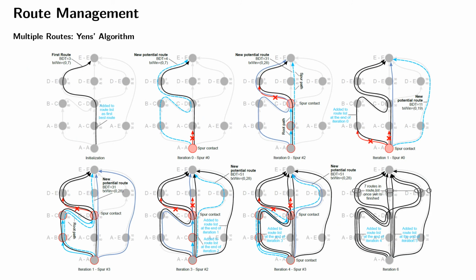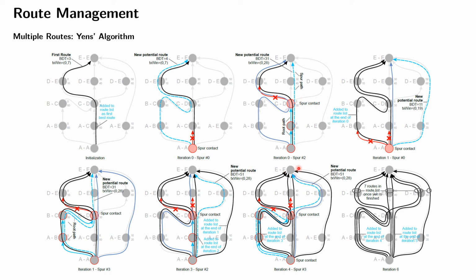This is just an example of how Yen's algorithm operates on the same example network we saw at the very beginning. We see that it first encounters a first route. This is stored as the best route on the red list, the R list we have seen before. Then there is an exploration phase where a new potential route is found. This potential route eventually becomes part of the potential list, and there is a new potential route. This all happens on iteration 0.